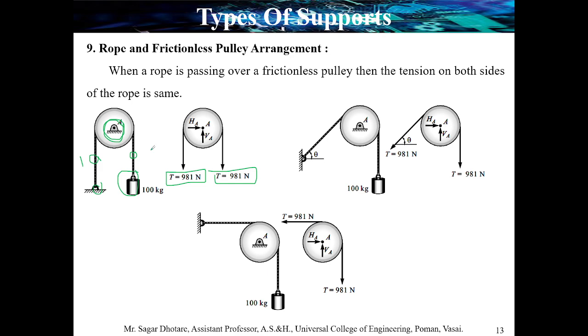Next, considering this hinge support, as we know, in a hinge support an angular reaction occurs, which is converted into two components: a horizontal component and a vertical component acting at the center. We have shown this accurately over here.